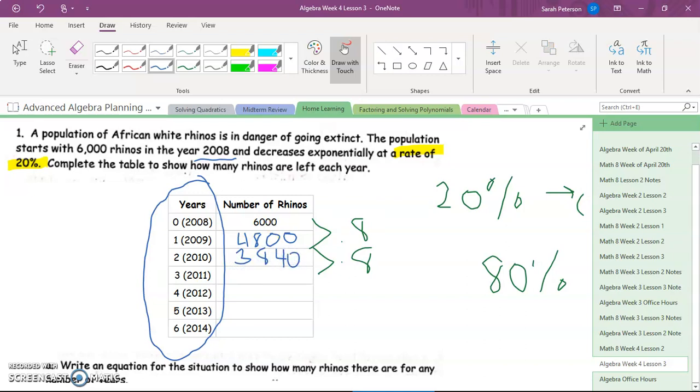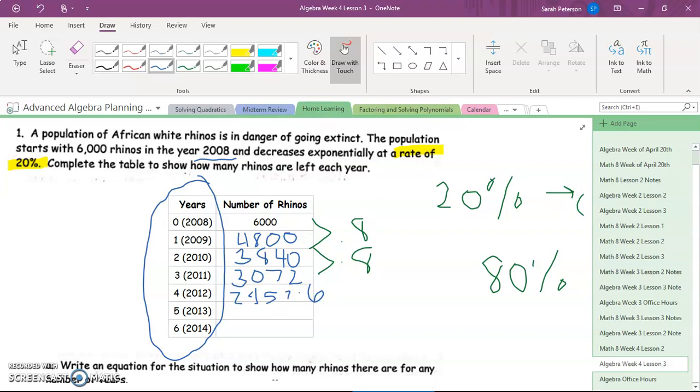3,840. And then I multiply that by 0.8 and I get 3,072. And multiply that by 0.8, I get 2,457.6.